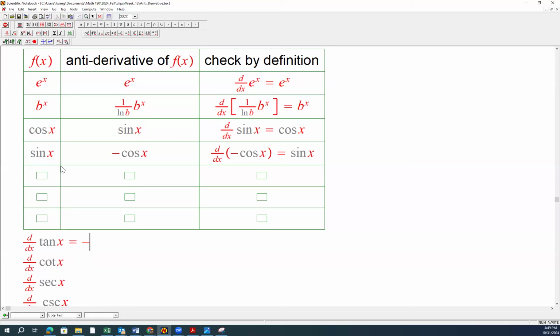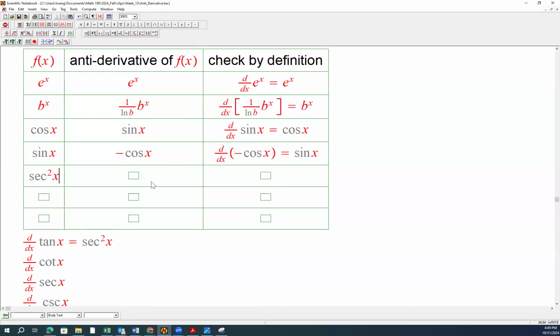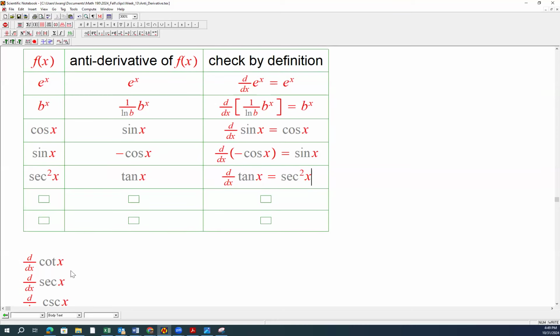What's the derivative of tangent? Well, that's secant squared, right? So secant squared will be the function. Its antiderivative is tangent x, and that's by definition. Cotangent x. Okay, what's the derivative of cotangent x?